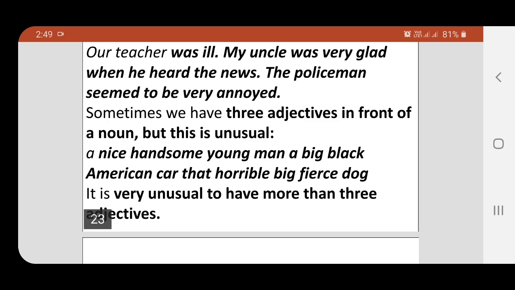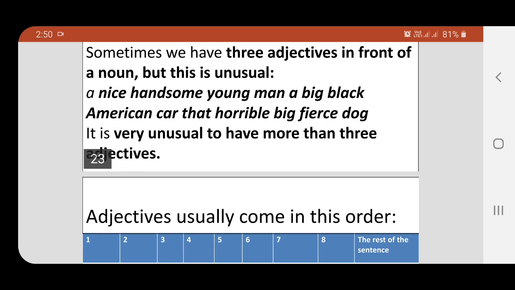That horrible, big, fierce dog. It is very unusual to have more than three adjectives. Anyhow, you must be informed.